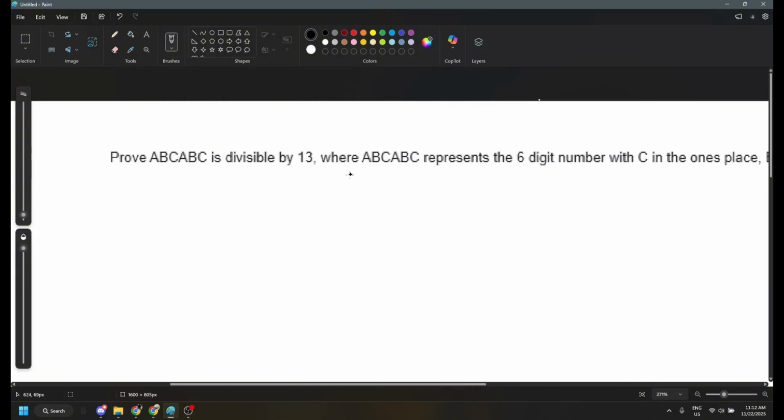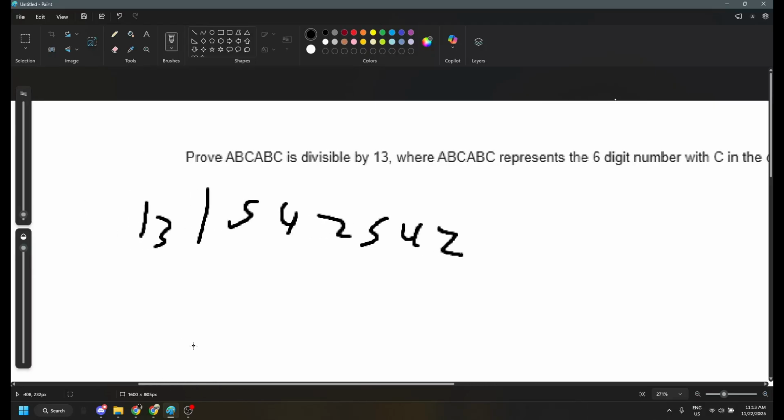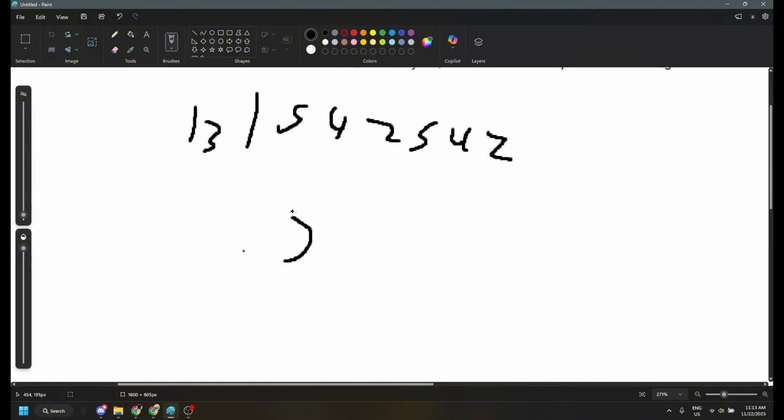Okay, so first off, let's just find an example. Let's do 542542. And we're saying 13 divides 542542. So let's divide 542542 by 13.